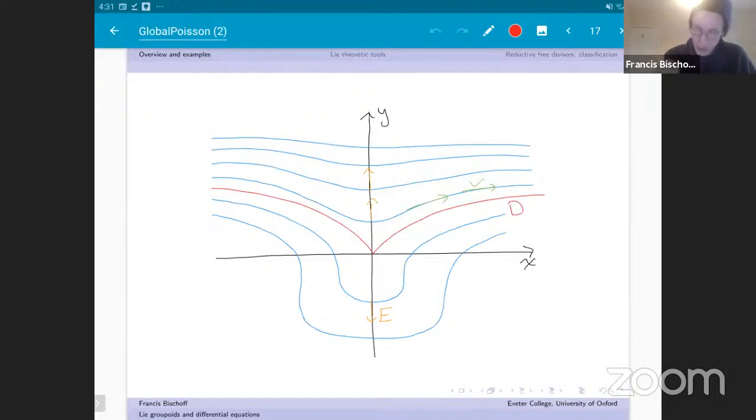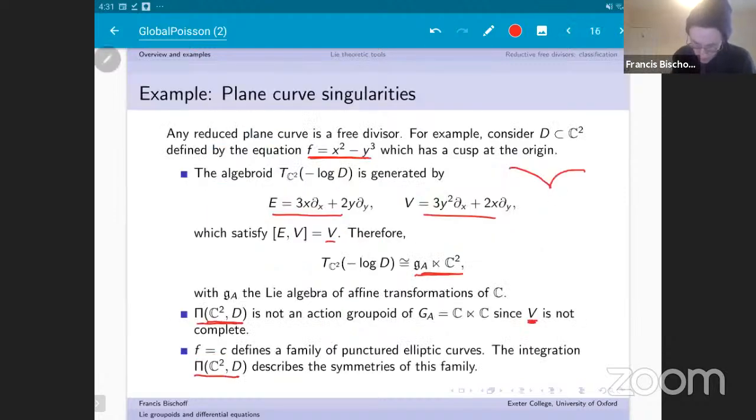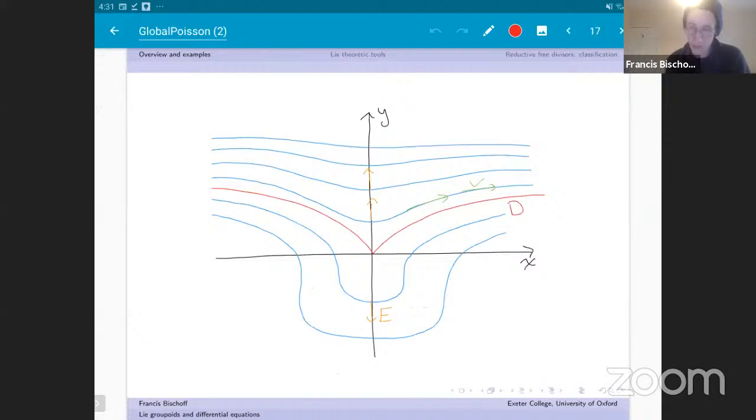The vector field E acts by moving us from one elliptic curve to another, whereas the vector field V is a vector field along the elliptic curve. And because this curve is punctured, V is not complete. So the twisted fundamental groupoid is a little bit more complicated than you might expect, but I think you can think of it as describing symmetries of this family.